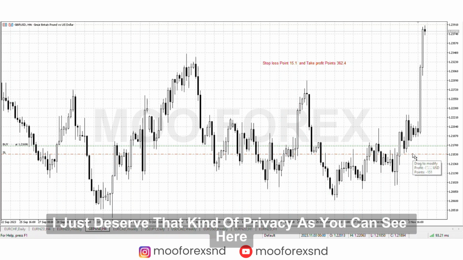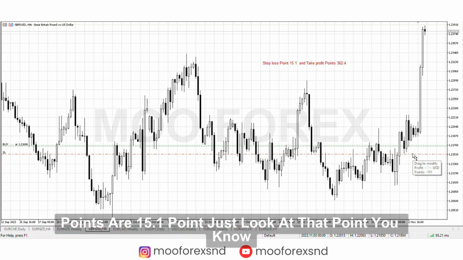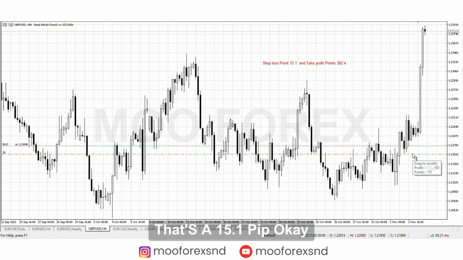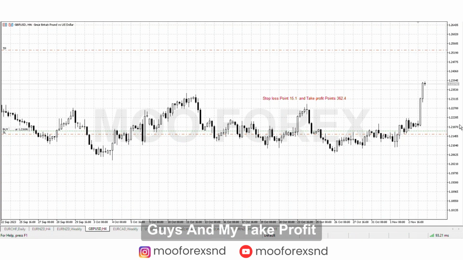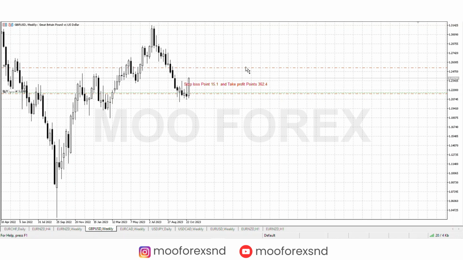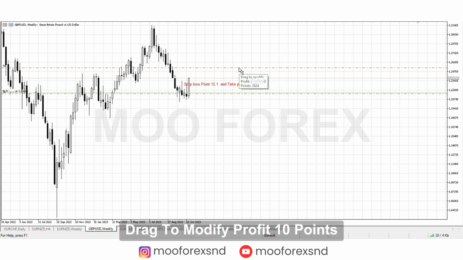As you can see here, drag to modify, then the profit, then the points: 15.1 pips. And my take profit here, drag to modify, profit, then points: 362.4 pips. That's my take profit.